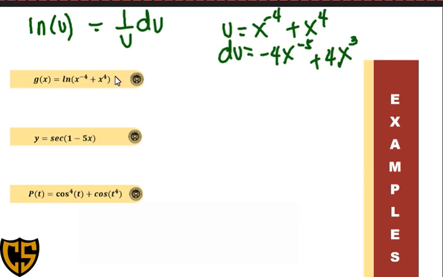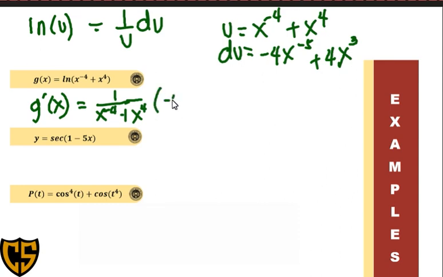Then, amo ni din ang i-apply natin sa aton nga derivative. So, aton nga g prime of x will be equal to 1 all over u, so 1 all over x raised to negative 4 plus x raised to 4, then multiplied by sa aton nga du which is negative 4x raised to negative 5 plus 4x cubed.